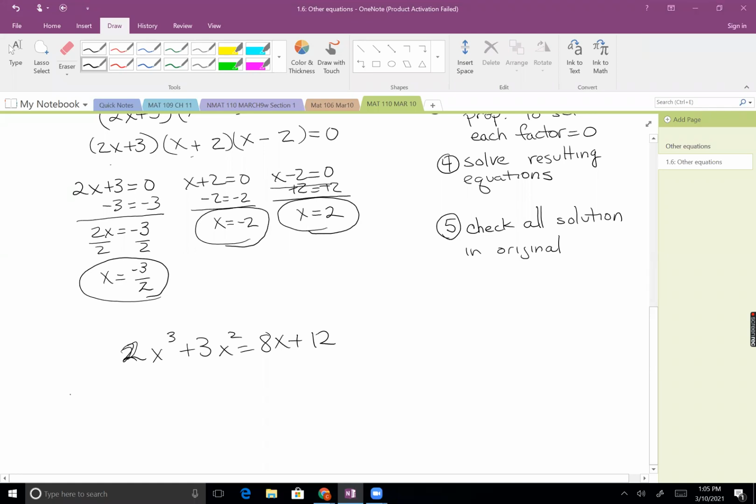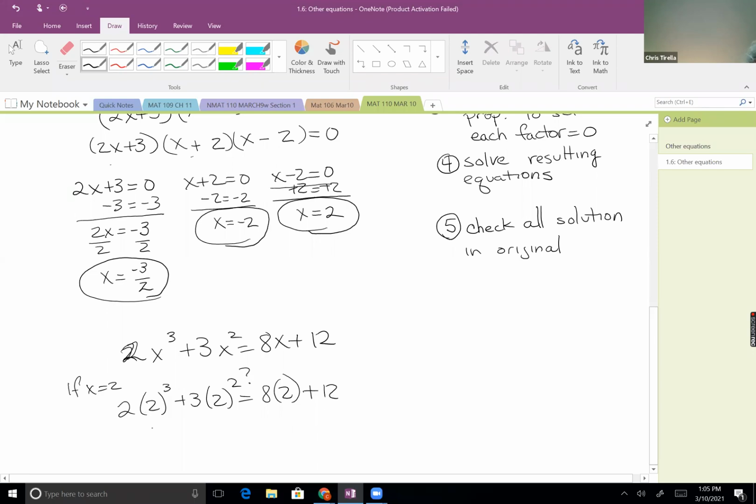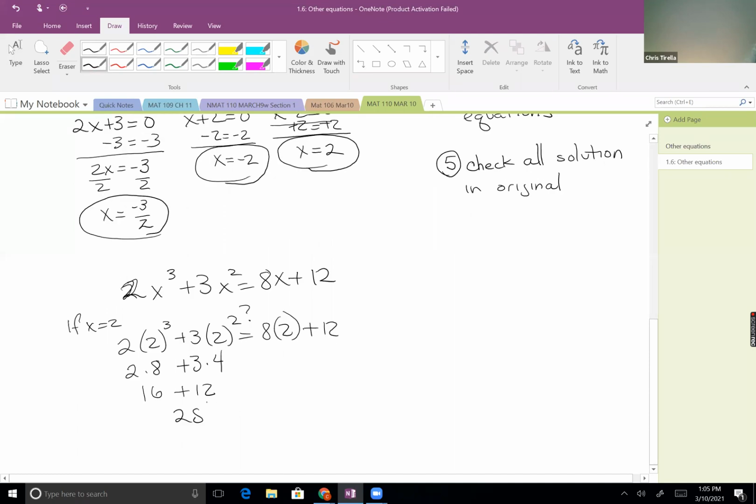The 2. So if x equals 2, we're checking: does 2 times 2 cubed plus 3 times 2 squared equal 8 times 2 plus 12? Let's see, order of operations, 2 cubed is 8, so this is 2 times 8. 2 squared is 4, so that gives me 16 plus 12, or 28 on this side.